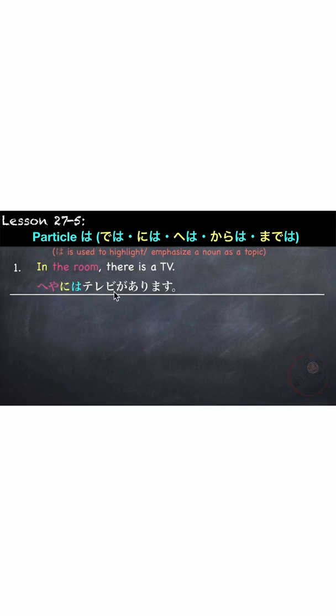However, when you say 部屋にテレビがあります, there is a TV in the room. The focus is on the TV.